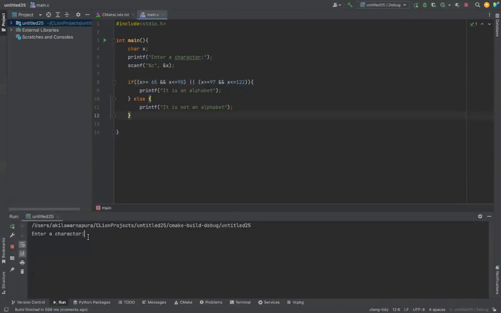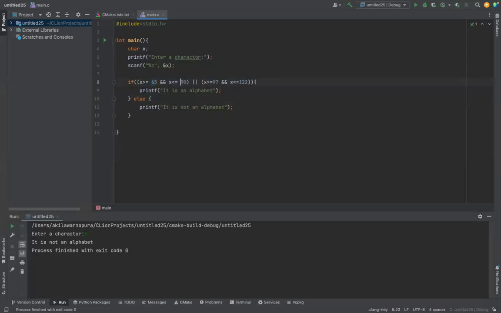Then capital A, it's an alphabet. Simple A, it's an alphabet. Capital K, it's an alphabet. Simple K, it's an alphabet. Let's say 5, it's not an alphabet. This is the way of writing a range check on the ASCII value, but it is not required to put the 65.